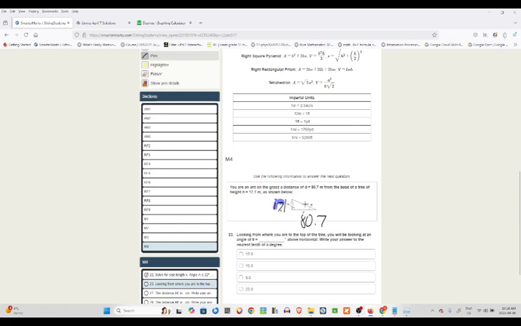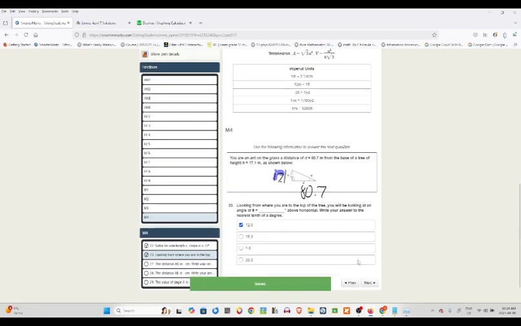So our tan theta is 17.1 over 80.7, but we're looking for the angle, so here we use the inverse tan of 17.1 divided by 80.7. And this angle is 11.963778889. It rounds to 12.